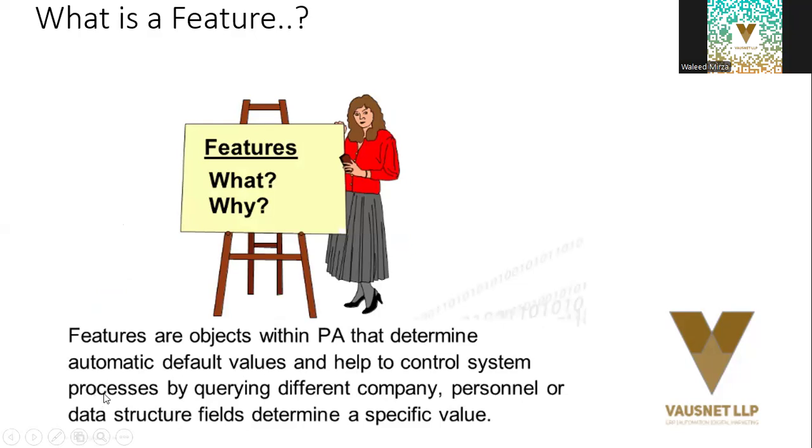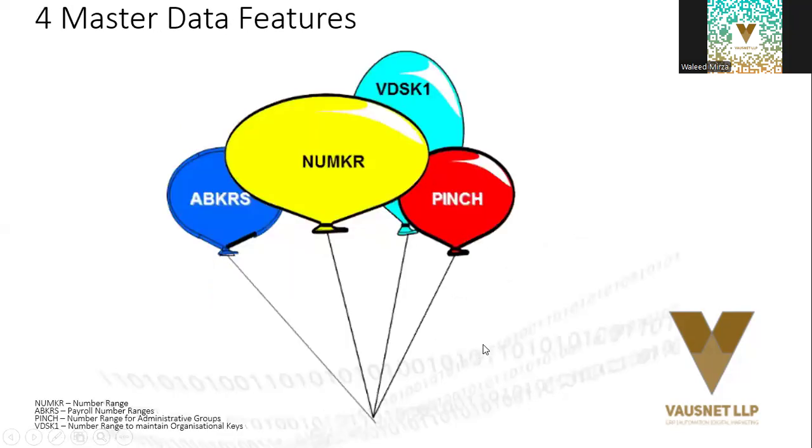Default values are your job nature, employee subgroups and groups, personal sub areas. These basically are areas that get activated at every level of your company or your HCM hierarchy.